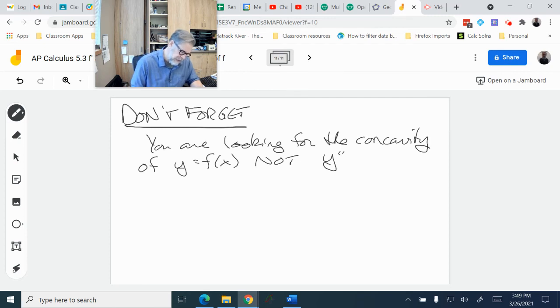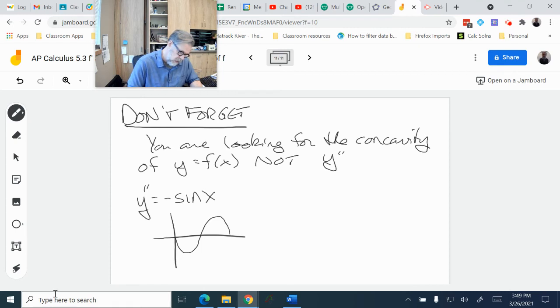And why do I mention that? Well, if I get to the point in this problem where y double prime equals negative sine x, I might think to myself, well, let's just quickly graph y equals negative sine of x.